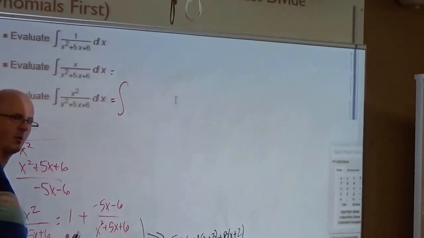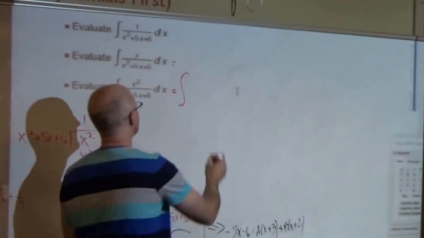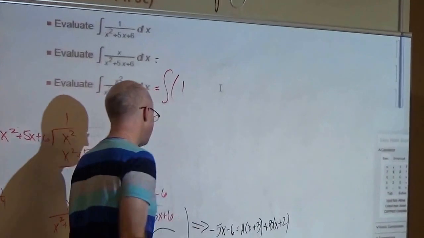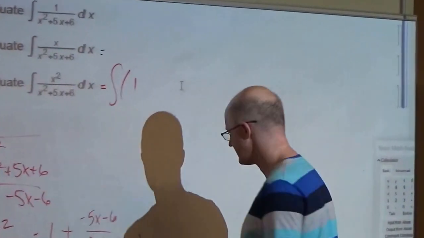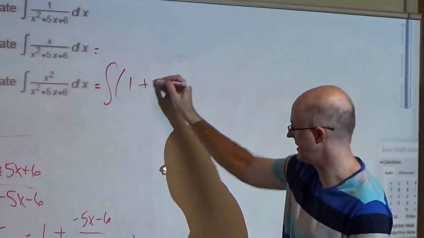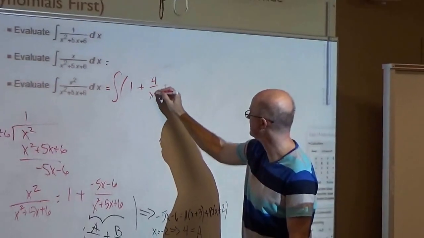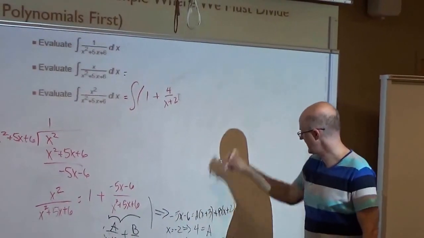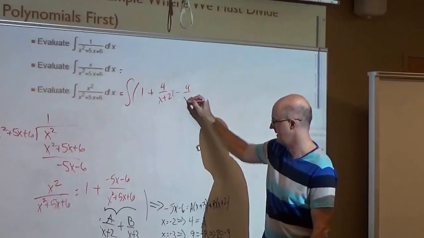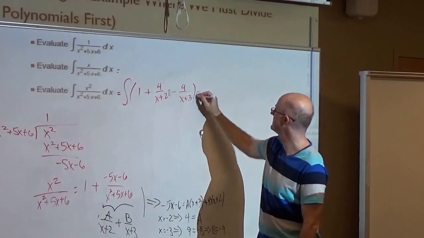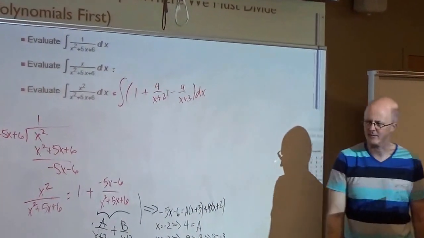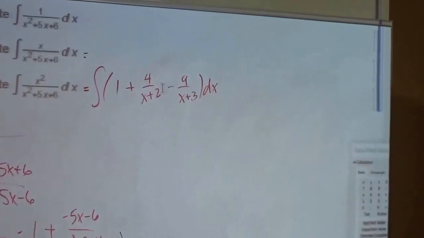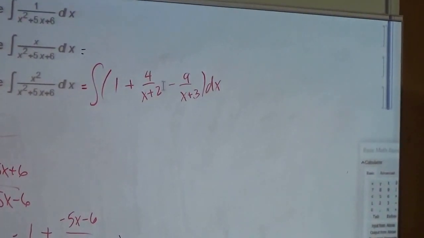Don't forget your 1 here. 1, a is positive, I guess I'll write that next, plus 4 over x plus 2 minus 9 over x plus 3. Catch me if I make a mistake here. I think we're okay.